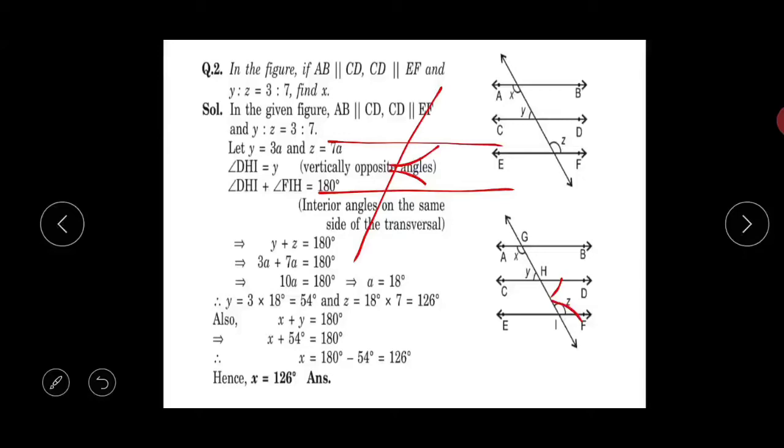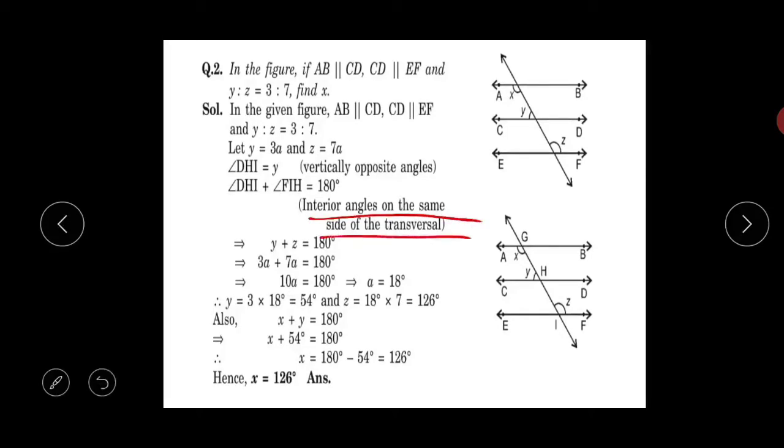So similarly in this case, angle DHI plus angle z will be equal to 180 degrees. The reason is interior angles on the same side of the transversal, or you can write it is co-interior angles. So students, you know that DHI is equal to y, so in place of DHI I can place y, and FIZ, which is equal to z itself. So y plus z will be equal to 180 degrees. We got this.